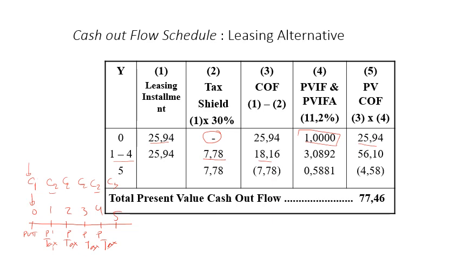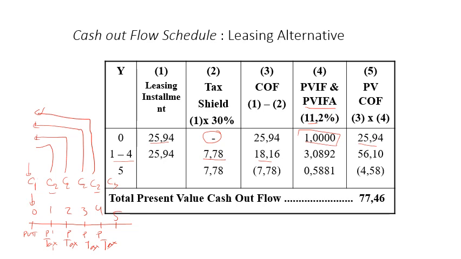Because this is the same, we can use the payment equation, and we call that PVIFA. And this 11.2% is the same as the discount factor that I told you about in part 2.